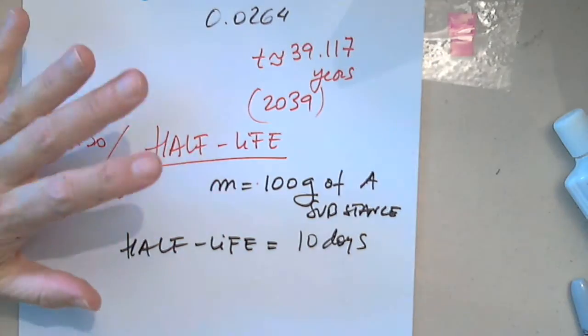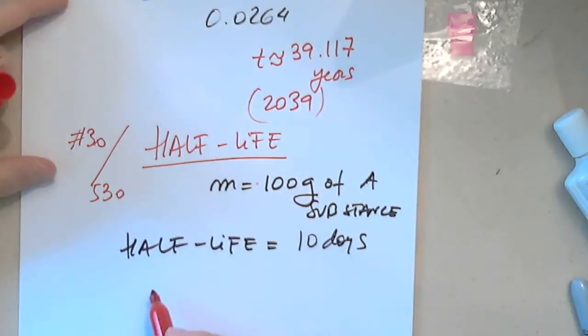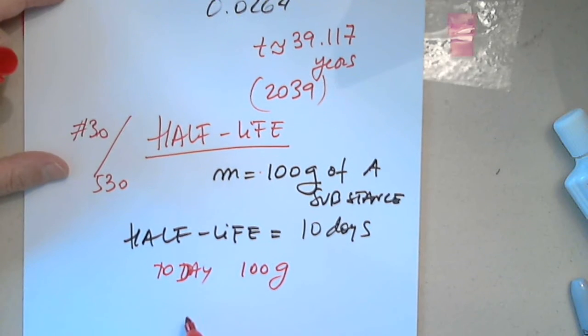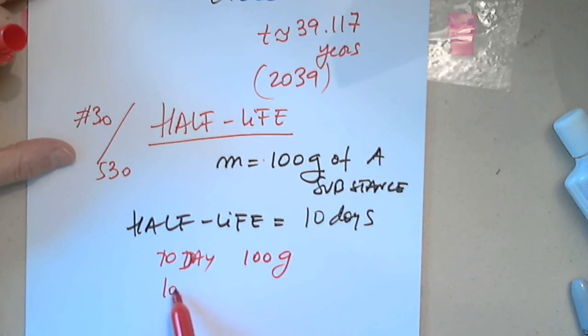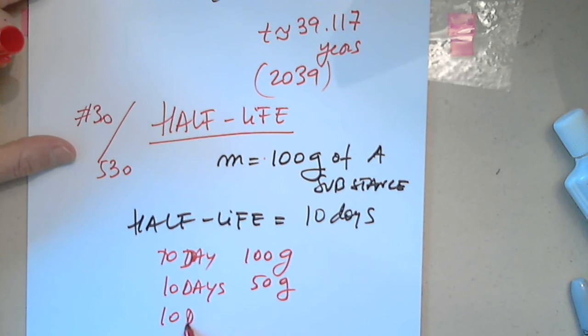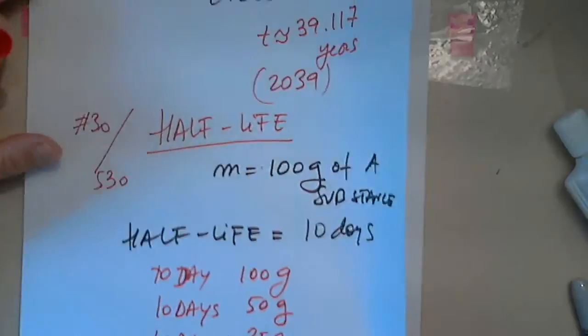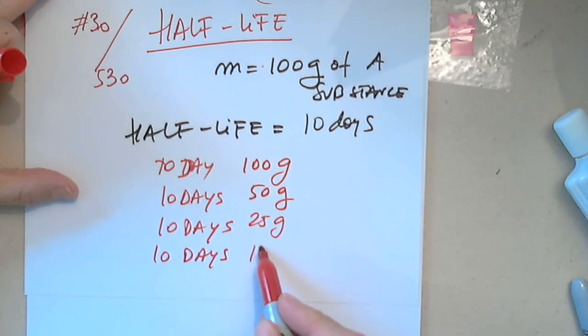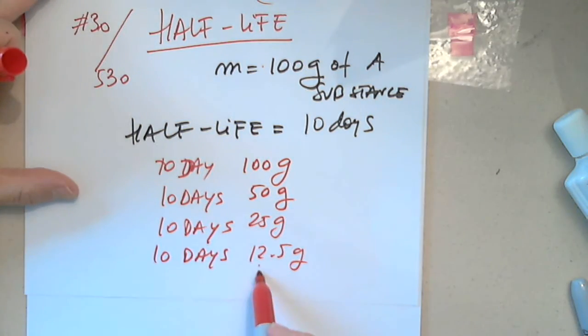Which means we start with 100 grams today. 10 days later, we have 50. 10 more days later, we have 25. 10 more days later, we have 12.5, and so on and so forth.